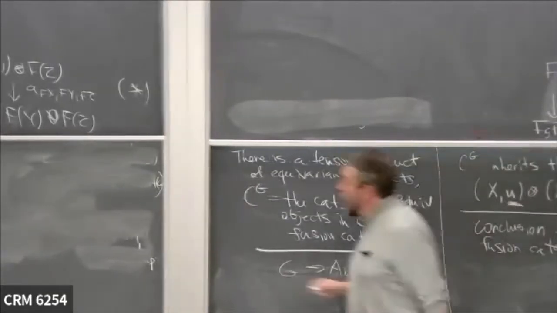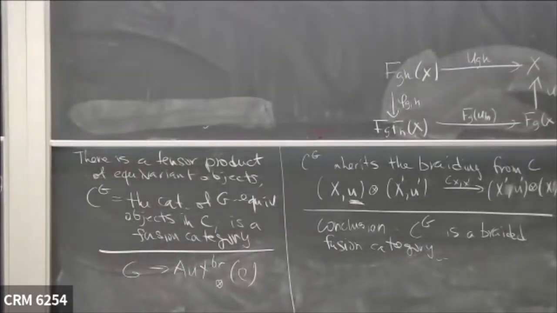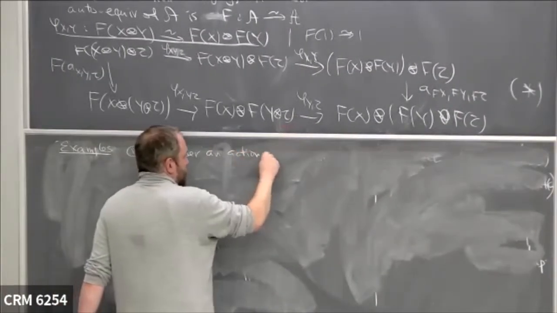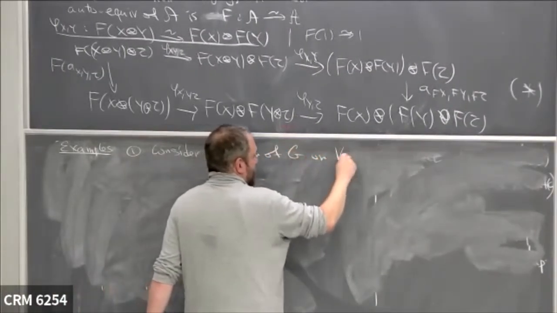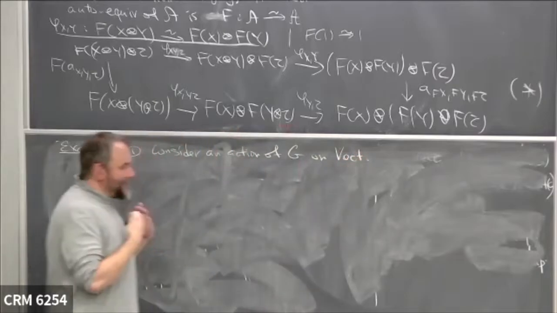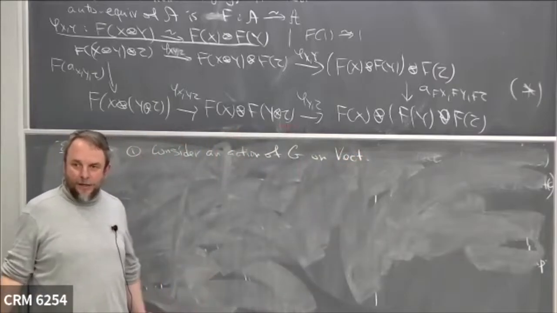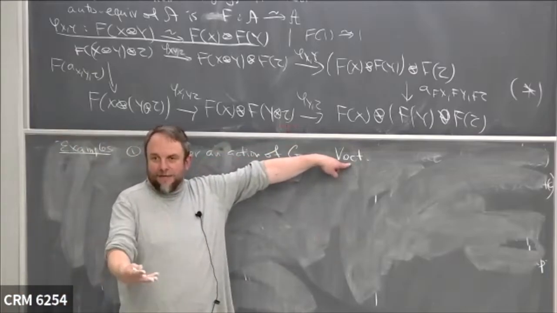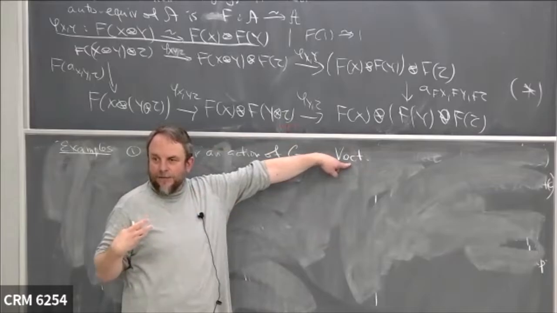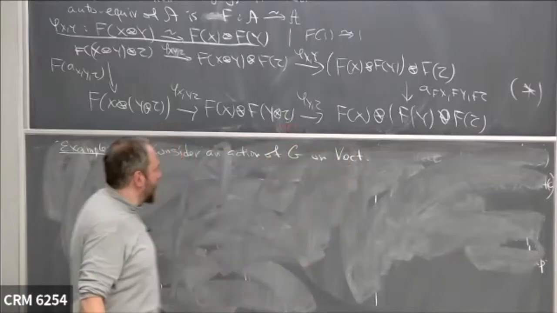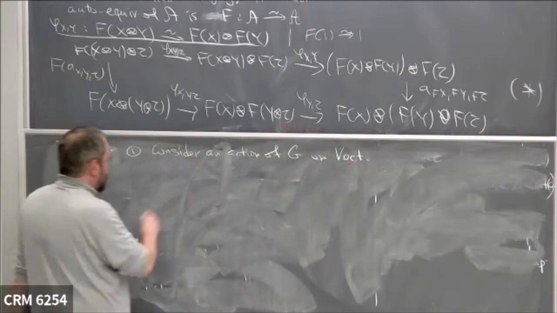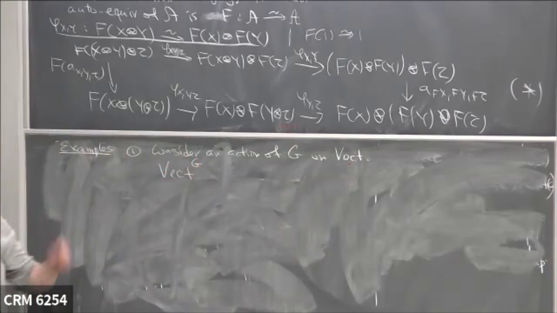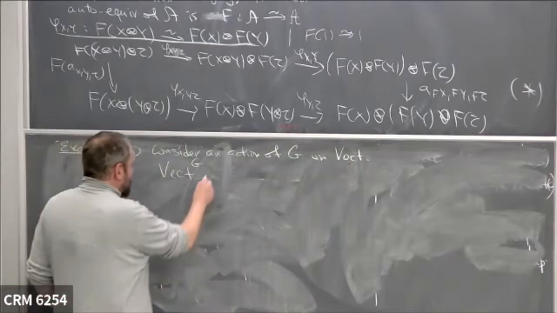Okay, so let's consider an example. First, consider an action of G on the category of vector spaces. Well, this necessarily is a trivial action, right? Because Vec only has trivial equivalences, maps from a one-dimensional space to a one-dimensional space, right? But still, it's an action, and we can form the equivariantization like this, right? What does it consist of?